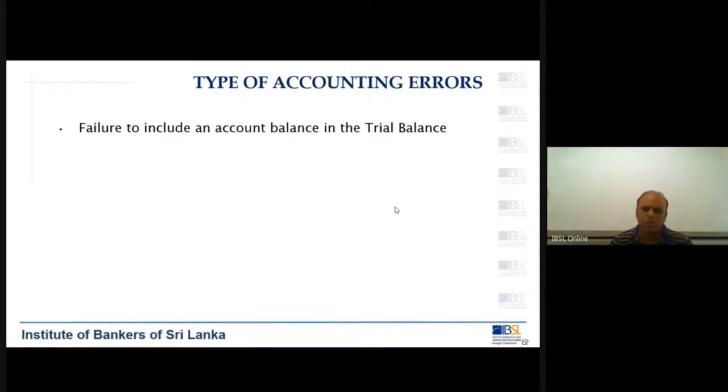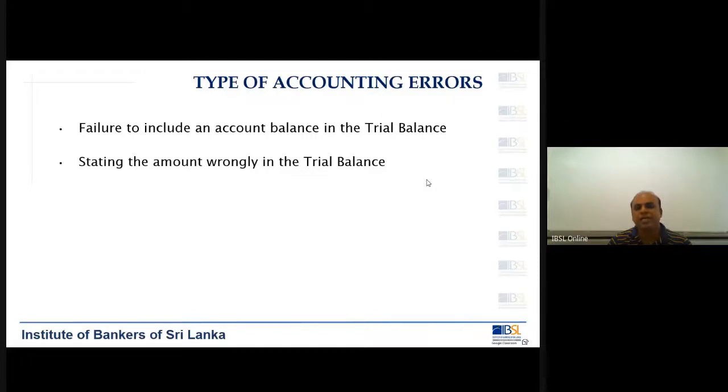All the accounts have to be captured. But when you are doing it manually, because bookkeeping had been happening very manually from a long time ago, there could have been situations where people forgot to include an account balance in the trial balance.